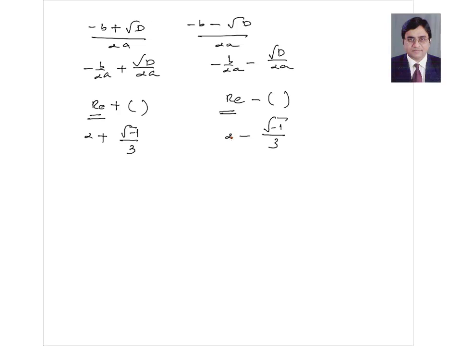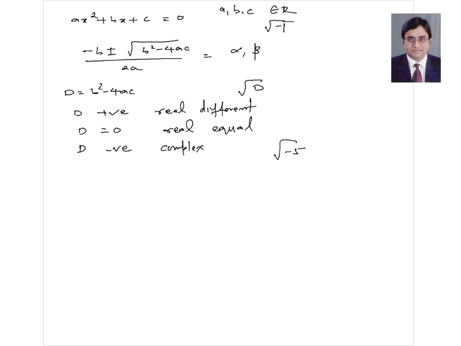So in this case, where d is negative, then you have complex roots. They are different, and we prefer the word conjugate. Complex conjugate. That's a very important rule in the discussion of roots in mathematics, that complex roots are always twins.